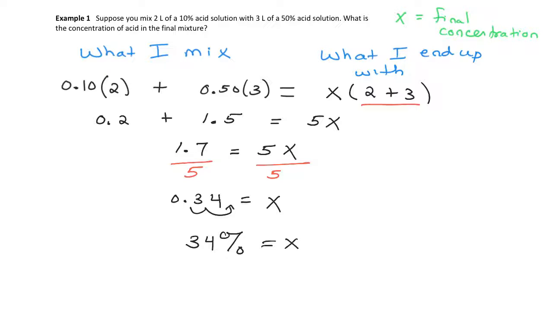I was expecting something to be between 10 and 50%. It should balance somewhere in the middle, and 34% definitely works for that. So what all this means is, if you were to mix 3 liters of the 50% solution and 2 liters of the 10% solution together, we would end up with something that is 34% acid.